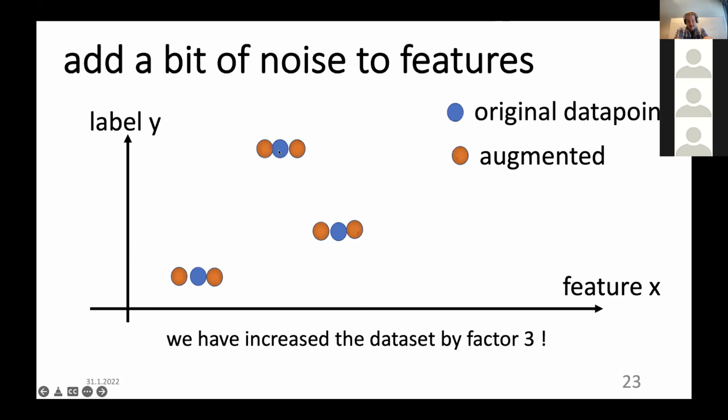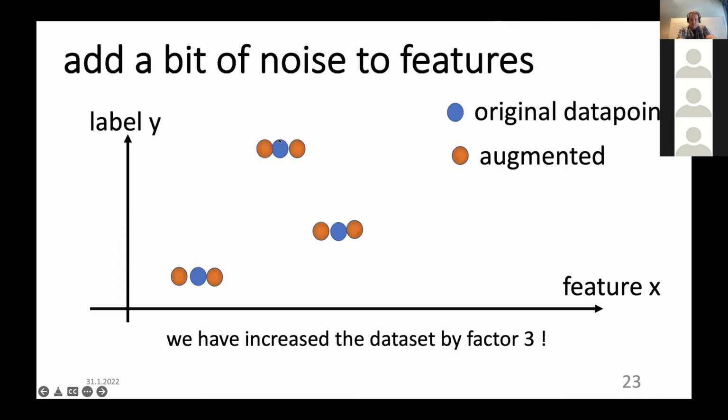It could equally well have been +1 degree or -1 degree. So in my training set, there could equally well be a data point which has the same label value, but a slightly different feature value. So there's some wiggling in the feature values of the data points.